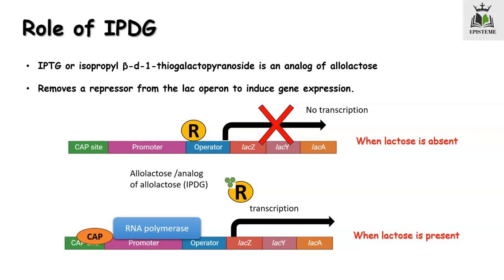So we can say that IPTG is actually an inducer of transcription. It induces the gene expression of the lac Z region, and thus the production of the beta-galactosidase enzyme is induced from the bacterial DNA. So this is the role of IPTG, and this is all about the blue-white screening and its concept.